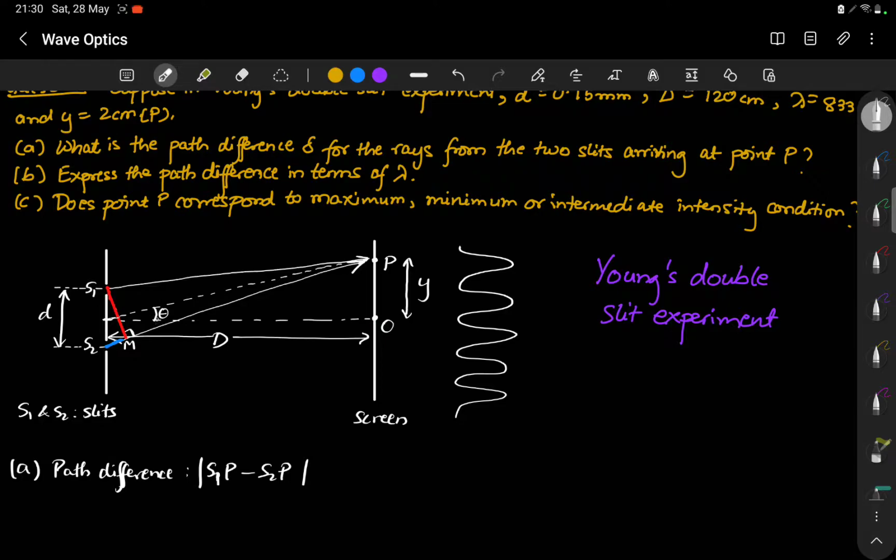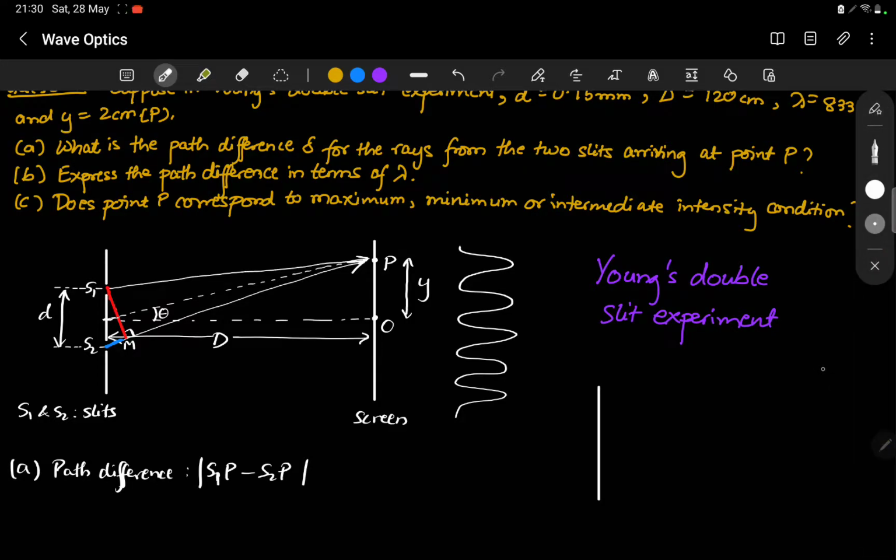If this angle is theta, then approximately the angle S2 S1 M is also theta. We can see that from a quick construction. Our assumption is that the screen is far away, practically at infinite distance from the slits.